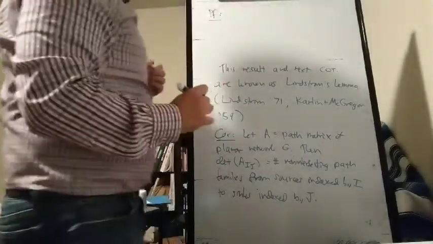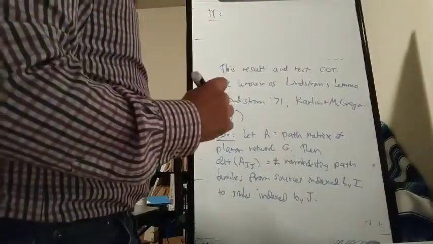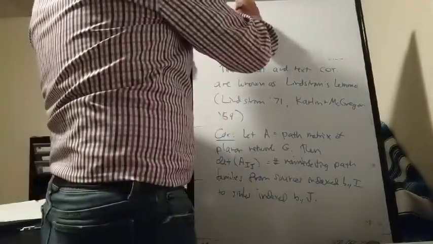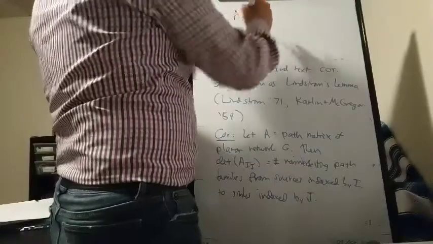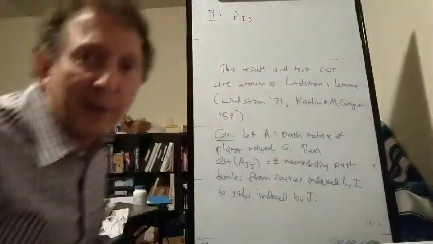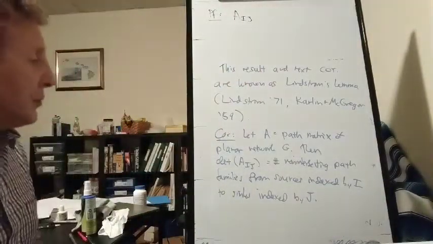And the reason this is true is that A_IJ itself is the path matrix of a smaller planar network.